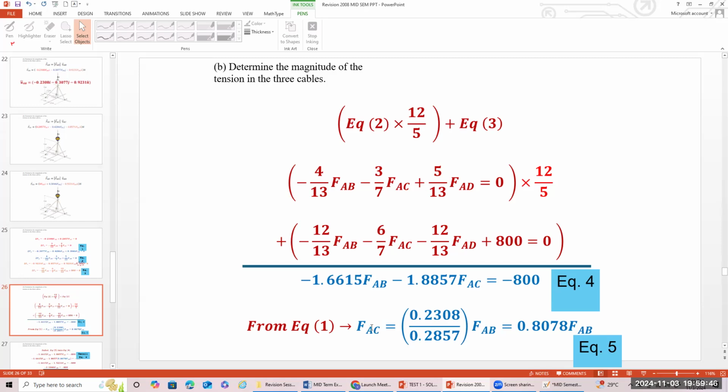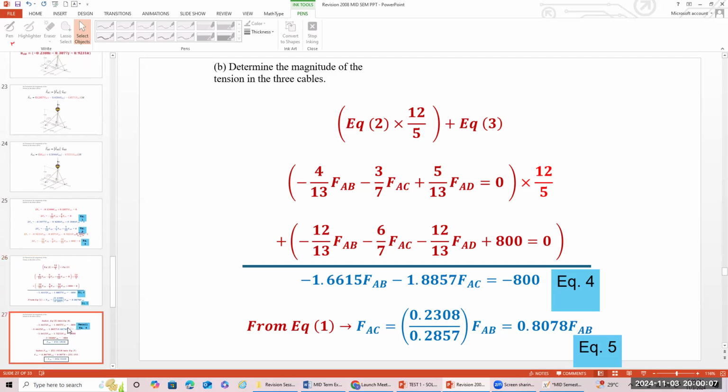She's now going to transpose from equation 1, just like I said before, and she makes FA the subject, equals 0.8070. So in all, she has 5 equations. All right, let's move to the next section.